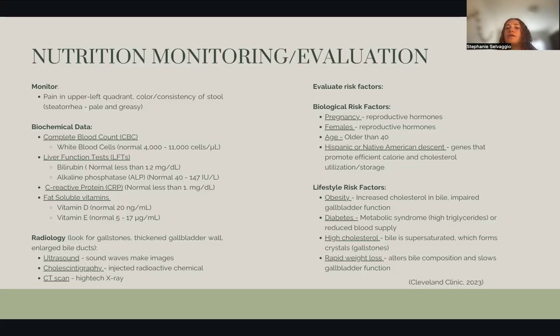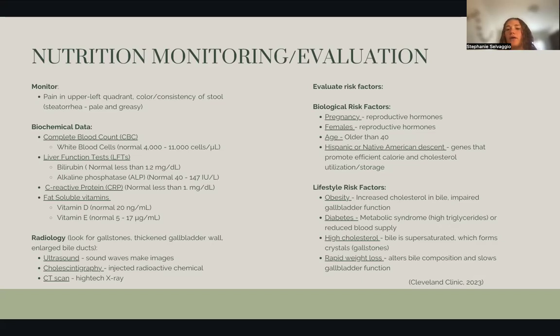And then more so is the lifestyle risk factors. So we can work on lowering our obesity, managing our diabetes really well, and both those can be done through diet, and keeping our cholesterol lower, because then again, you're not going to have super saturated bile, which means that those crystals aren't going to form.